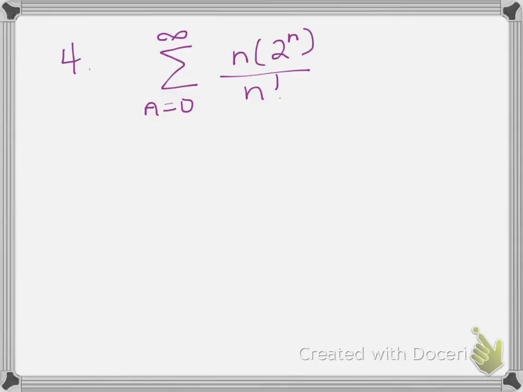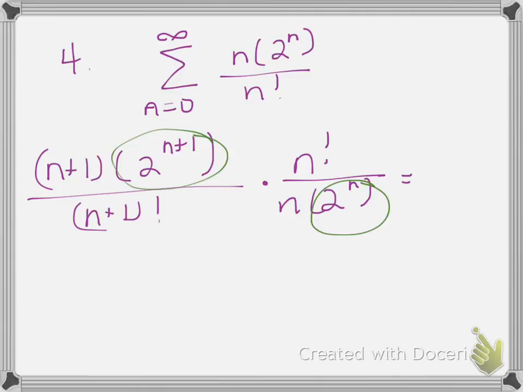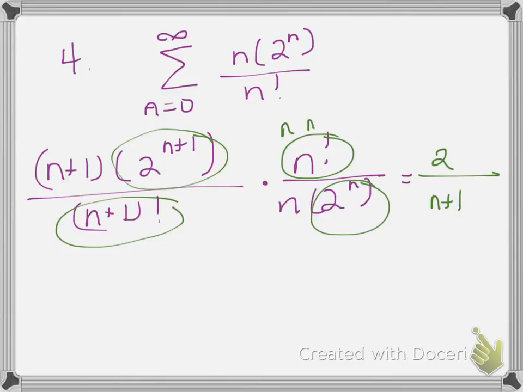Alrighty, same thing again. We'll have an n plus 1 on the top. 2 to the n plus 1 over n plus 1 factorial. Flip it. Alright, that gives me a 2 on the top. This gives me an n plus 1 on the bottom, because this would be n plus 1, n minus 1, and so on.